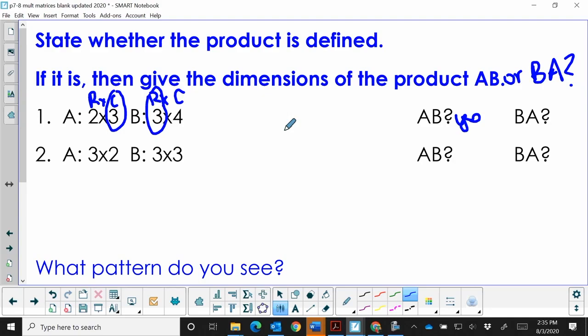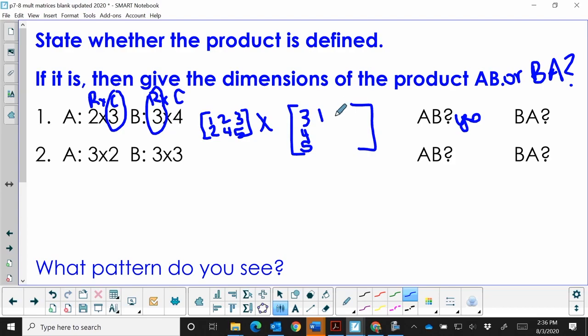Now, what dimensions do we get? Well, let's just draw it so you can see. If I have 1, 2 rows by 3 columns, you can put, like I said, any number in here. I'm just throwing some numbers to give an example, times, this time I'm doing a 3 by 4. 3 by 4 is going to look like this. 1, 2, 3 rows by 4 columns.